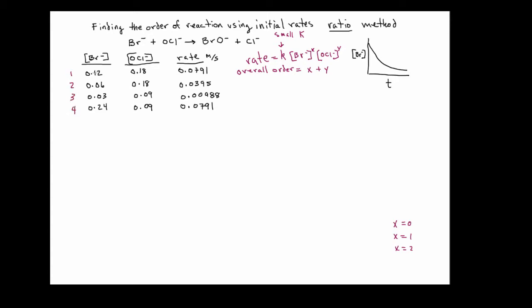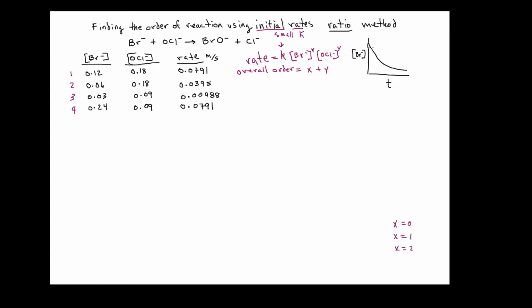So if we look at experiment number 1, what are we dealing with here? We have the initial concentration of Br minus given in molarity as 0.12. We have an initial concentration of OCl minus at 0.18. And the rate of this reaction was already determined for us, and we're using initial rates kinetics.